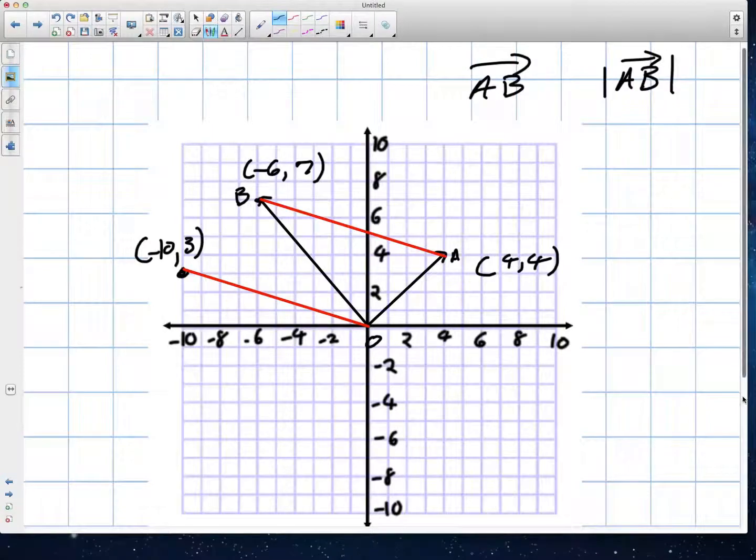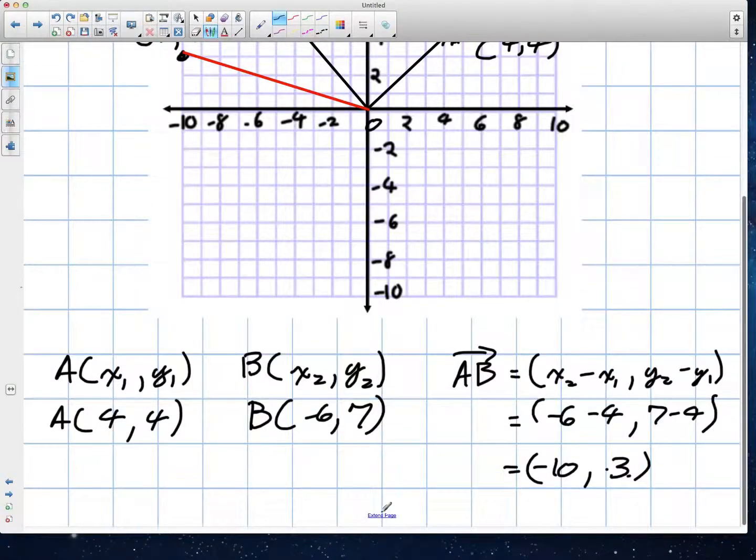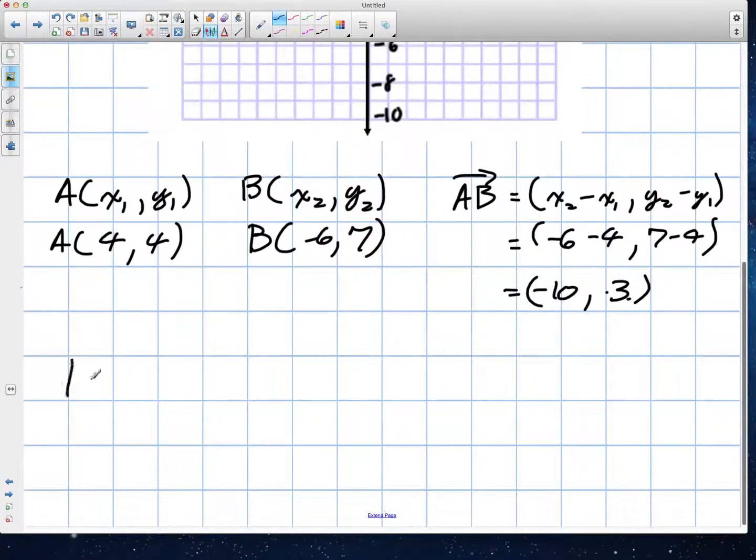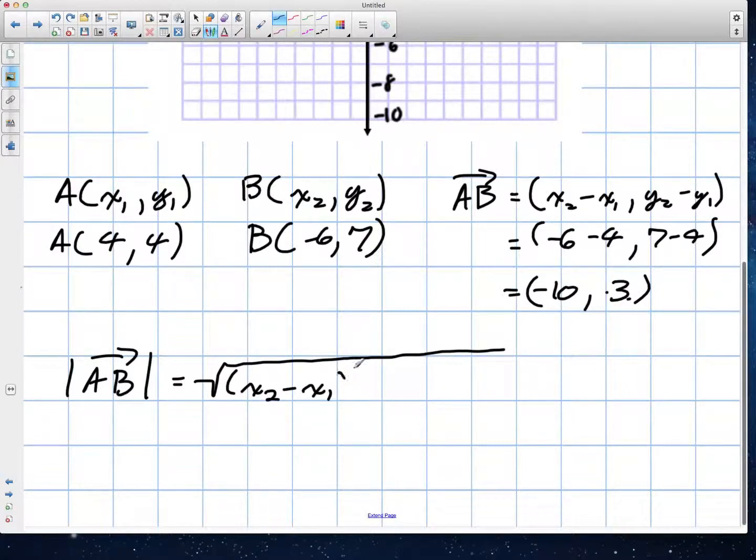But the other way we could do this, and they've done it in a formula for us, is the absolute value of that same vector, AB. Let's say we hadn't put it into its position vector at the origin. It would be written like this: the square root of x2 minus x1 squared plus y2 minus y1 squared.